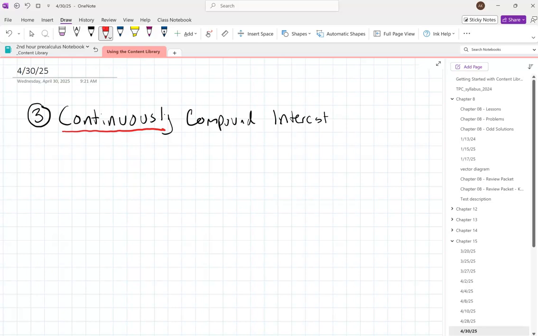How many compounds per year are we talking about if it's continuously happening? What do you guys think?